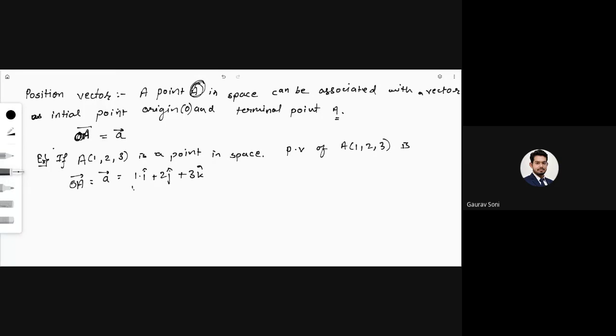So this is the position vector A bar. So I can do this for any point. Whenever I am giving you a point, you can consider it as a vector which is starting from origin and ending at a point. Fine. Yes, sir. Equality of vectors.